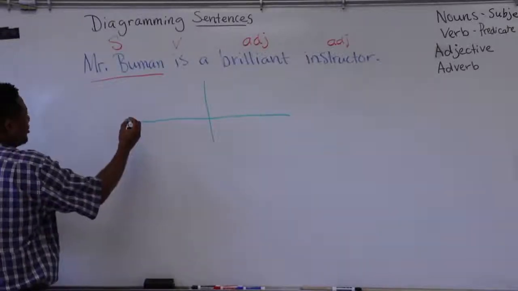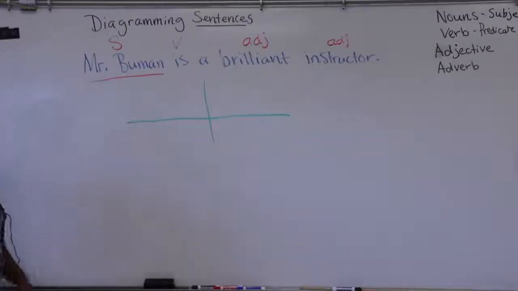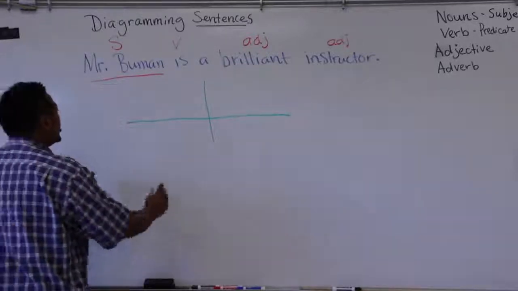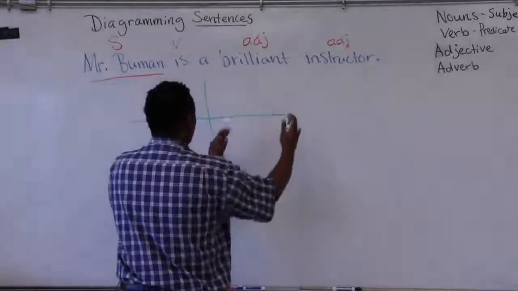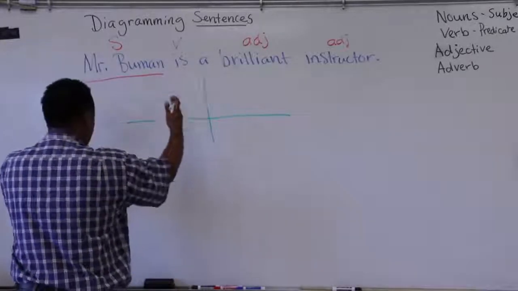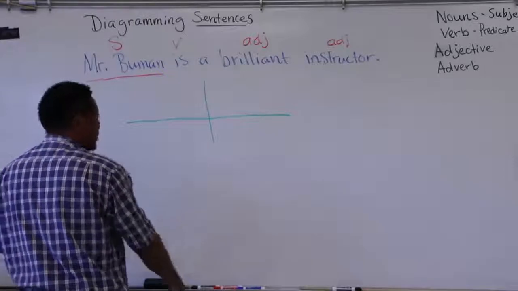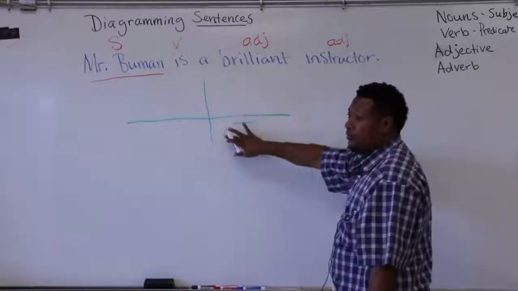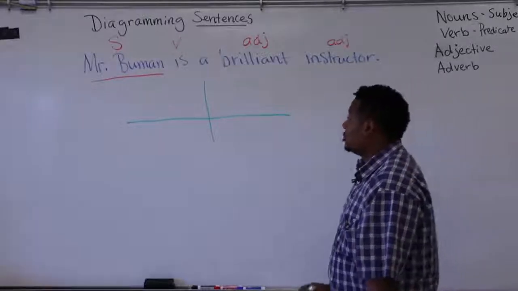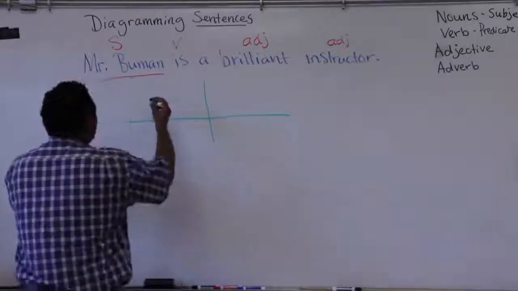And then we would start with our subject. Remember, your subject is always on the left. Your verb is on the right. Subject on the left, verb is on the right of the vertical line. So the subject is Mr. Boomin.